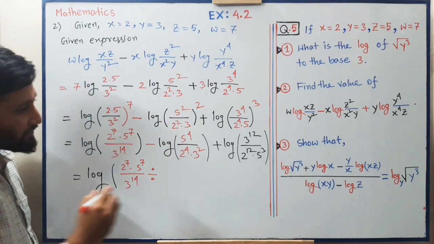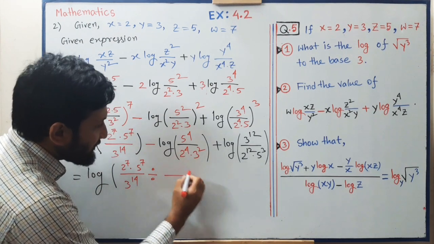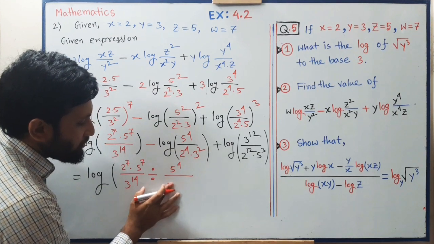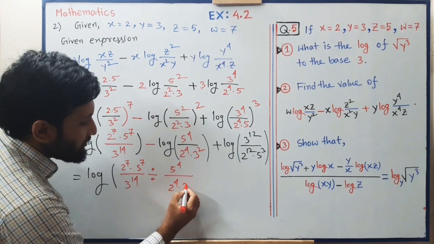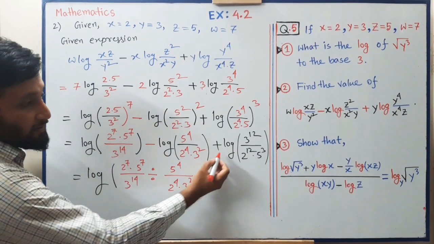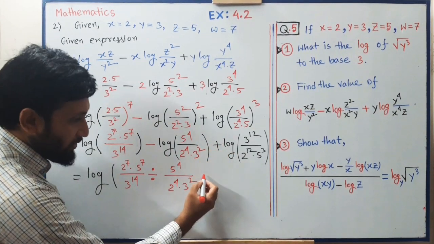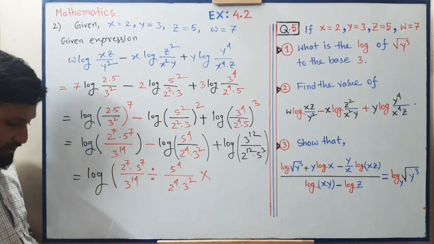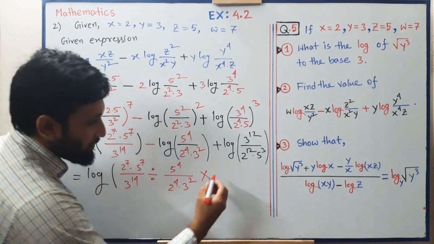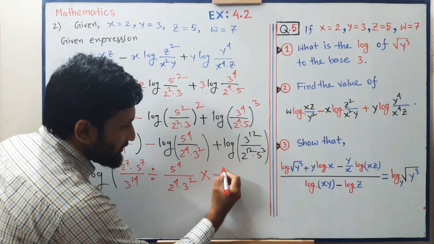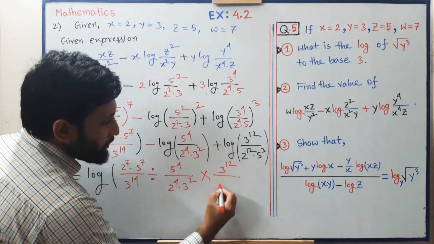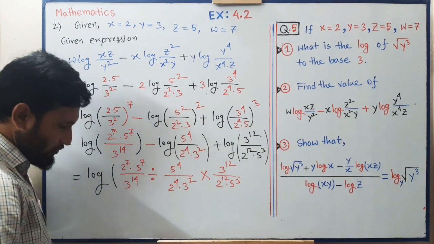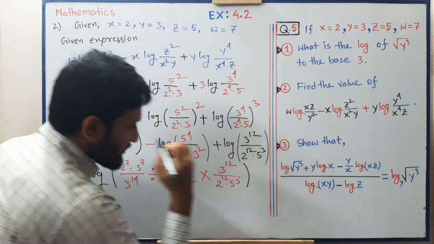Okay. And then the second term, the value of the second term of log is 5 to the power 4, 2 to the power 4, and then 3 square. Okay, and then in the third term here the sign is plus. So according to the formula here the sign will be multiplication. Okay, we already know this formula. Okay, now the value of this log term is 3 to the power 12, 2 to the power 12 into 5 cube. Okay, now closing the first bracket.